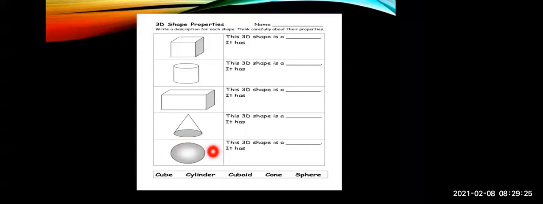So for a 3D shape, you don't have to say circle. It is called a sphere. See, if you hold a ball in your hand, that ball will be a sphere in shape. So remember, in 3D shape, we don't call it circle, we call it sphere.